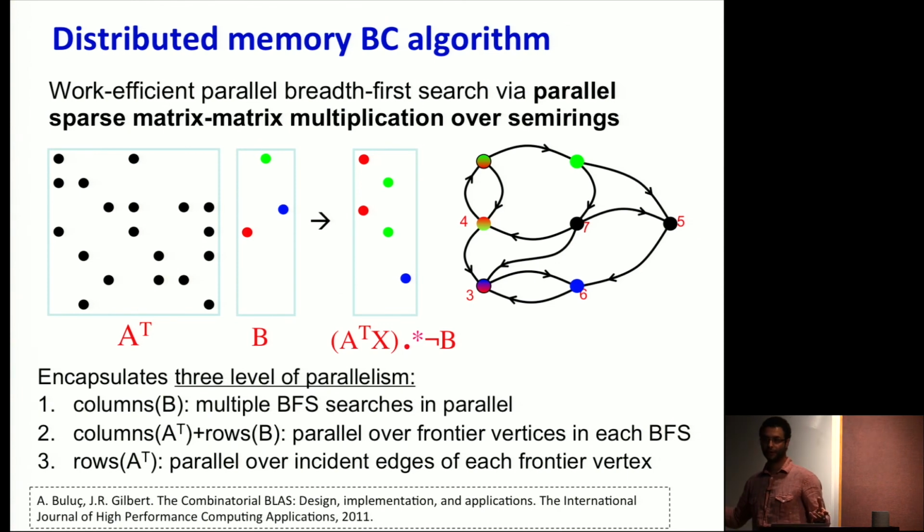Whatever the size of your frontier, there's parallelism across those. And finally, the rows of A transpose will parallelize over all the neighborhoods of those frontier vertices. Remember, if there are 20 vertices in the frontier, they probably have hundreds of vertices that are neighbors of them, and that's that parallelism.